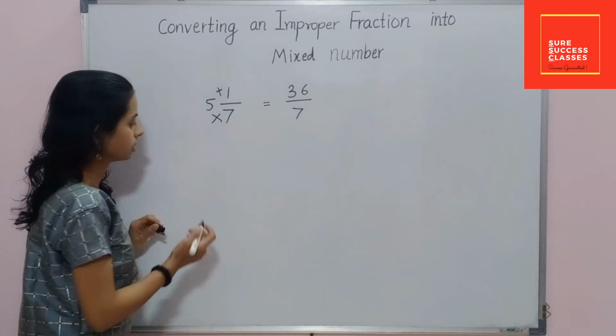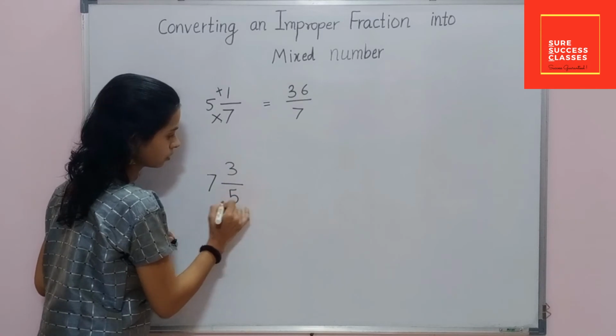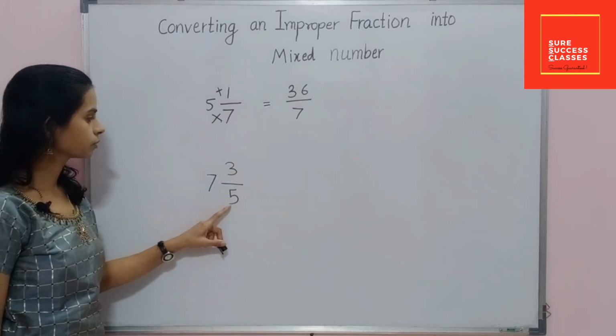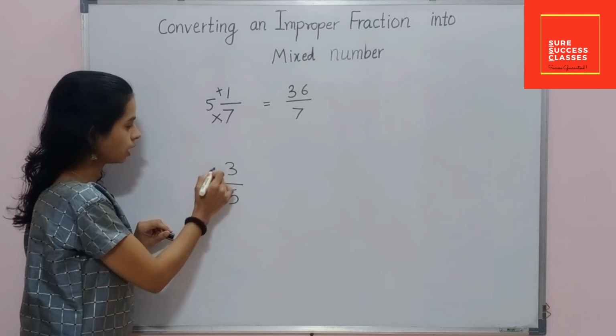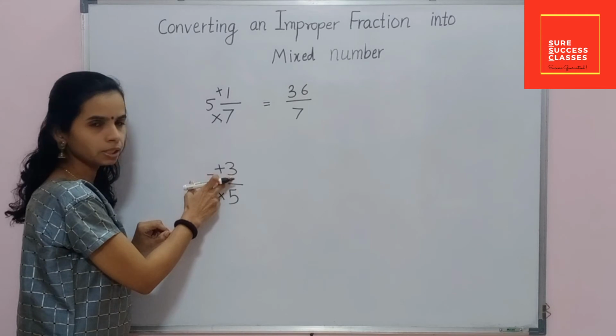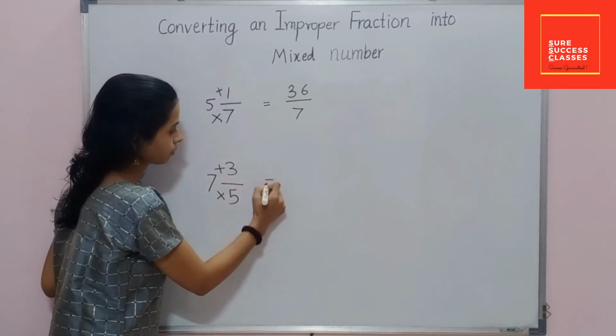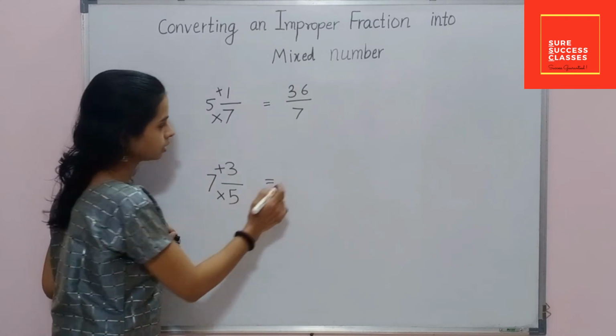Let us see another example. Here again we will multiply these two numbers and add the product into this numerator. 5 7s are 35 plus 3, 38.